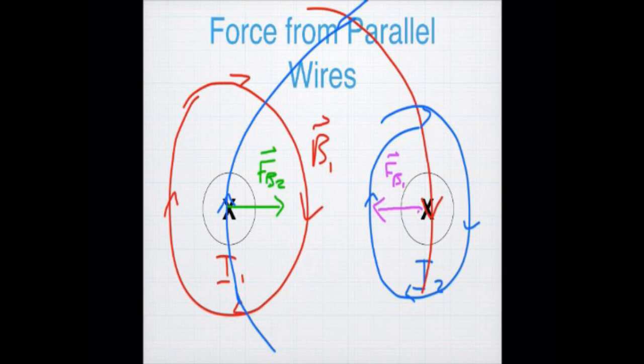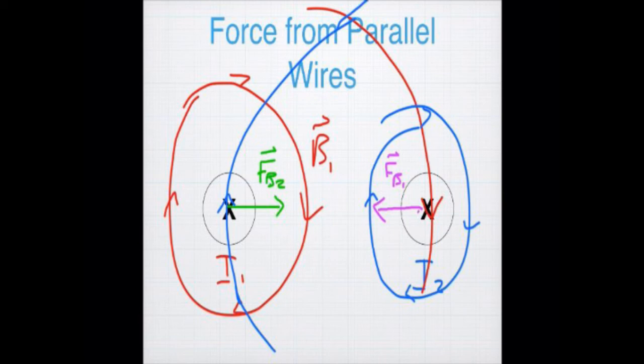Now, the magnitude of the force created by a wire is related to both the current running in the wire and also the distance from that wire.